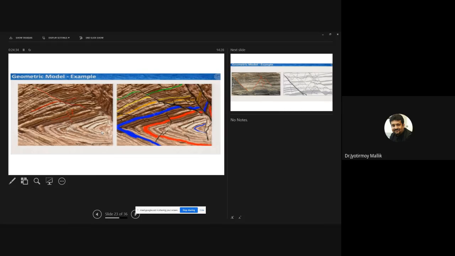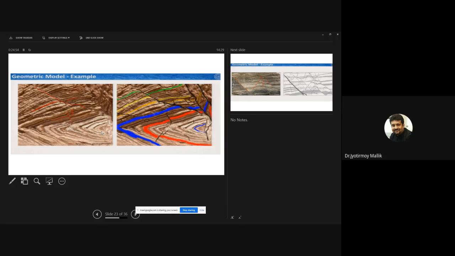What do you see? Anyone? Let's be a bit more communicative. Sir, layers. Okay, you see layers.